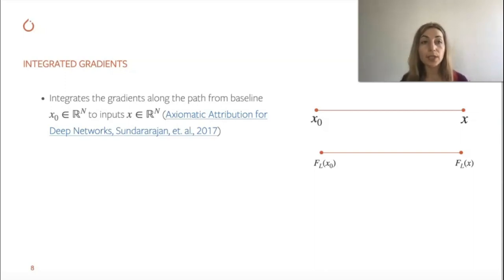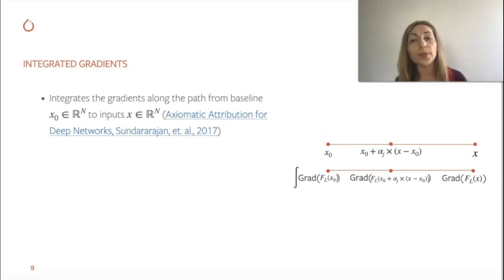In case of images, a black image, white image, noise, or a blurred image can be an example of a baseline. In case of text, a baseline could be a padding token or any other uninformative token that we can think of. The baseline for the activations will be the output of the FL function for the inputs x0.